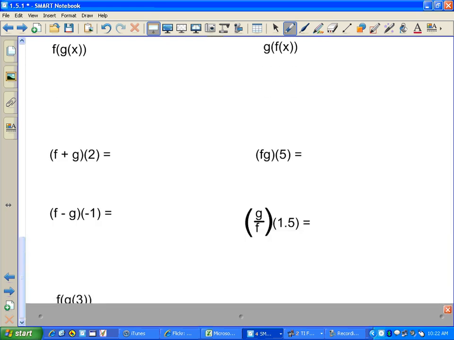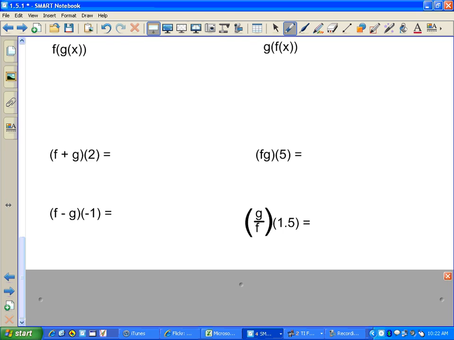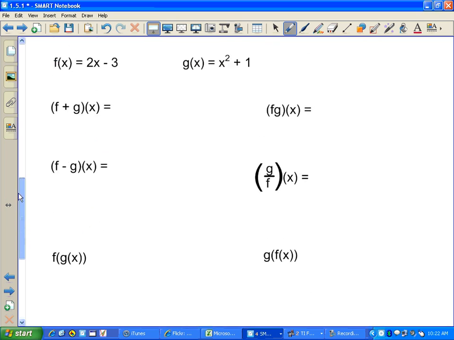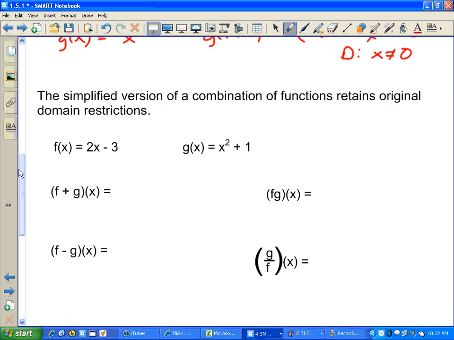Okay, if you've got a number that you're putting in, this took the place of x. So I'm going to put it in for all my x's that I would get when I do my f of g. So you guys can do it after you combine it or before. So let me bring my f and g down.